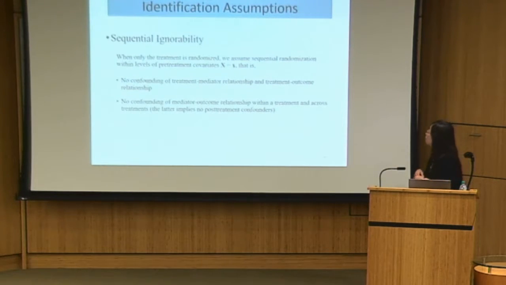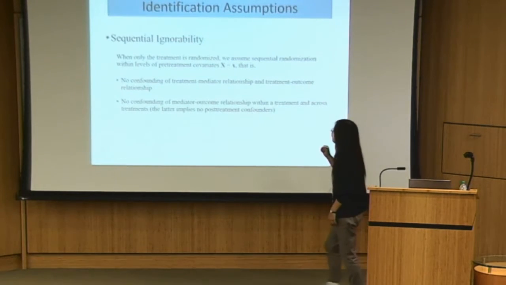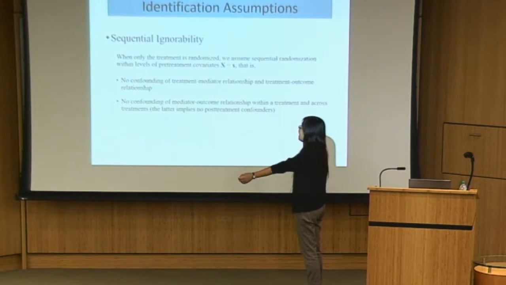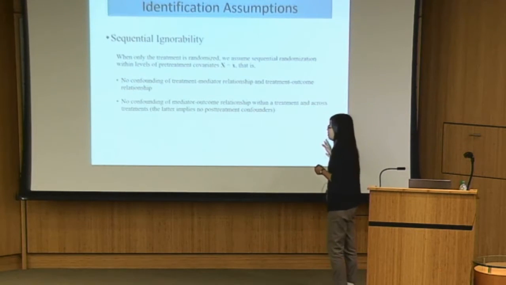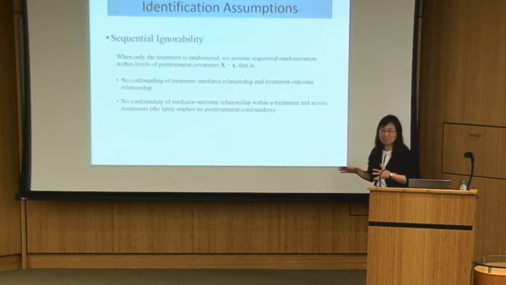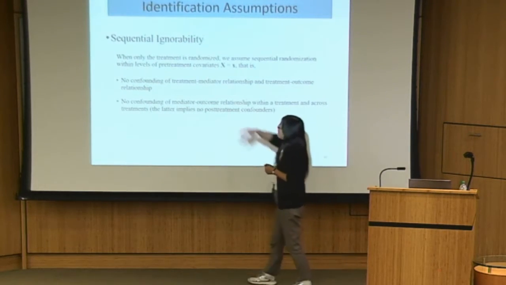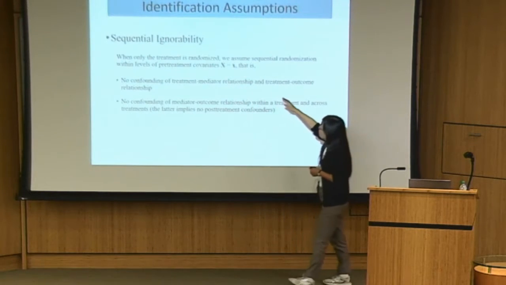So this is crucial, like I said, for the identification assumptions. The key identification assumption we rely on with this method, and the same is true with most of the other methods except for the IV, is sequential ignorability.